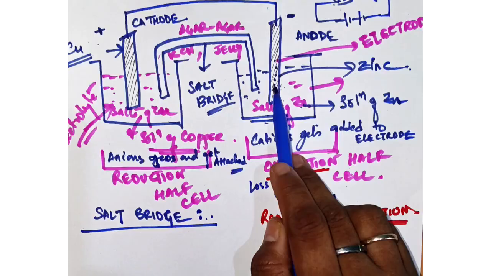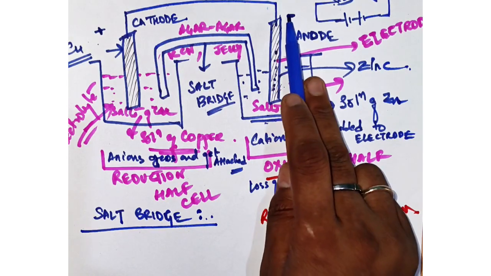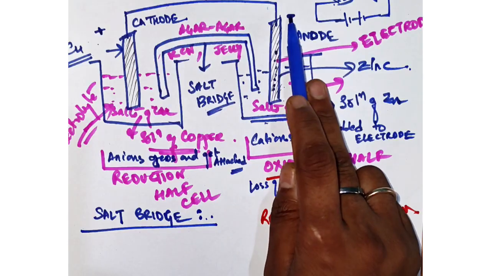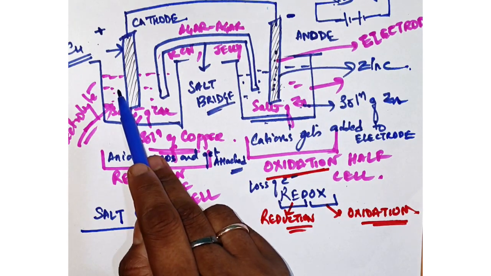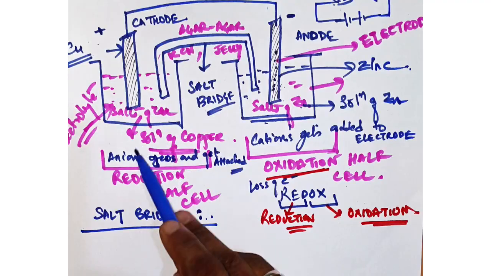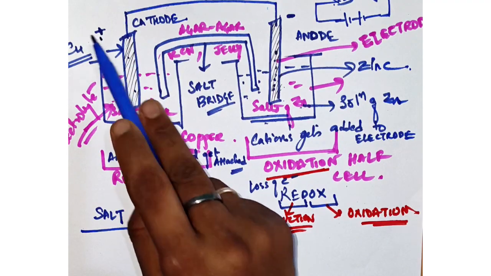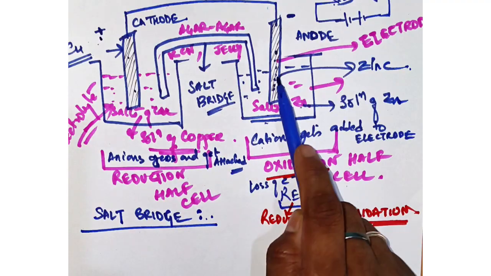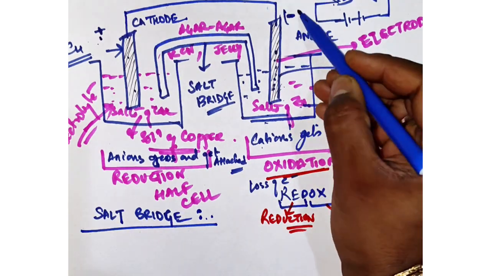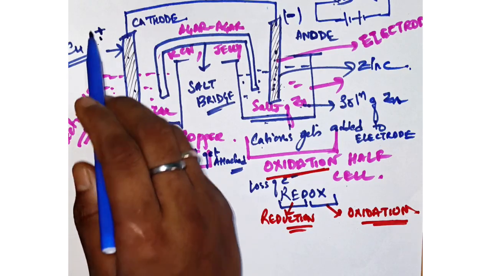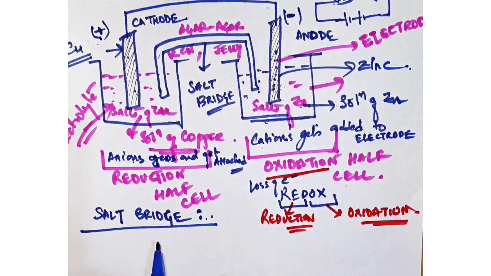Here the cations go and get added to this electrode, so the other electrode should be negative, so that cations can go and add. Positive and negative attract. It will always be opposite. If cations are getting added to the electrode, the electrode will be negative, and if anions are getting attached, the electrode should be positive, so that a positive-negative attraction takes place.